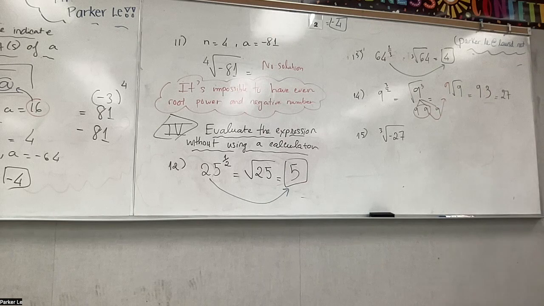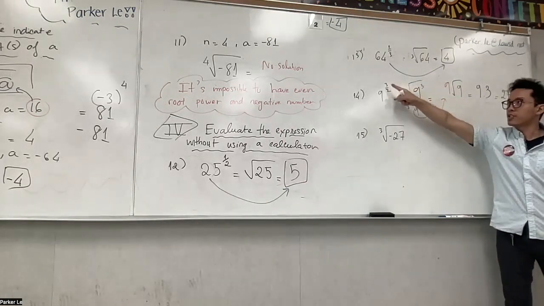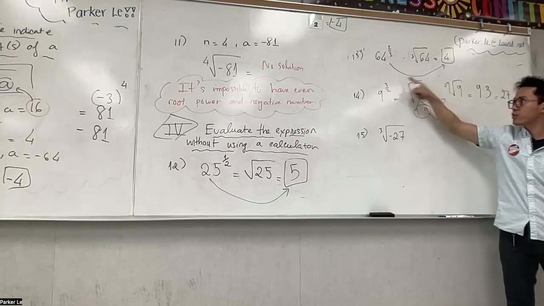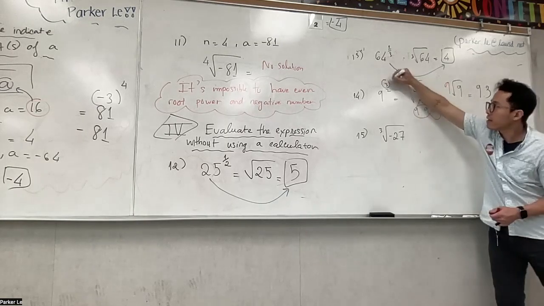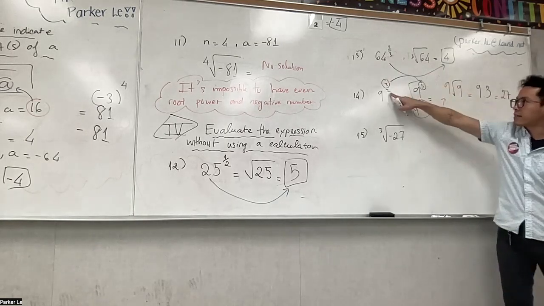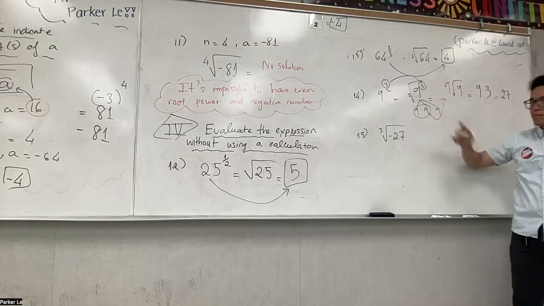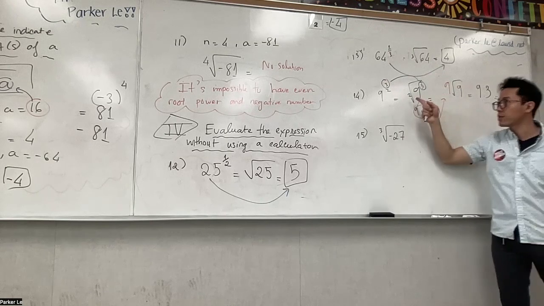Did you get it? So here, let me start again, okay? 3 halves, that means the power 3 goes to the top. The top goes to the power here, and the bottom is the root. So the root is 2. But we don't really need to write 2, because they know it's a square root without the invisible 2.